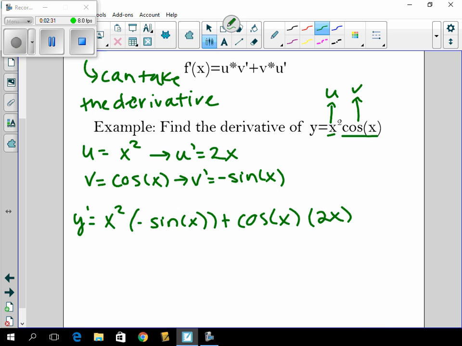If I wanted to clean this up, it would look like negative x squared times sine x plus 2x cosine x. And that is my derivative of y.